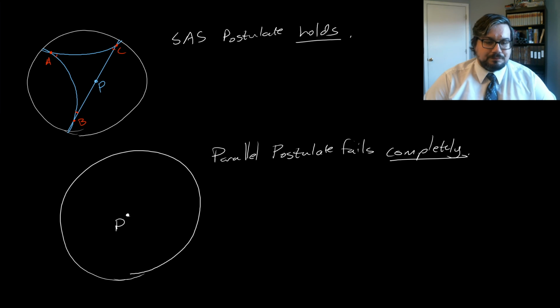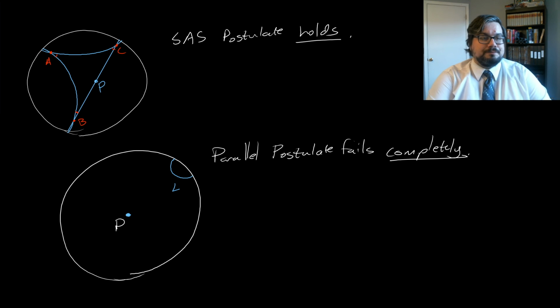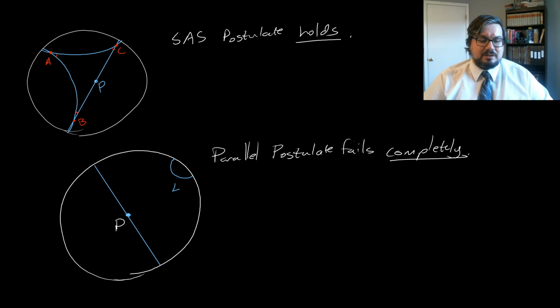So, for example, let's take a line here. This is a line in our Poincaré geometry. And let's take the point P to just be the center of the circle. Now, we want to know how many lines are there that go through P and are parallel to L. We know there always exists one. We proved that long before we talked about the parallel postulate. There always exists at least one parallel line through P, but there is not just one.